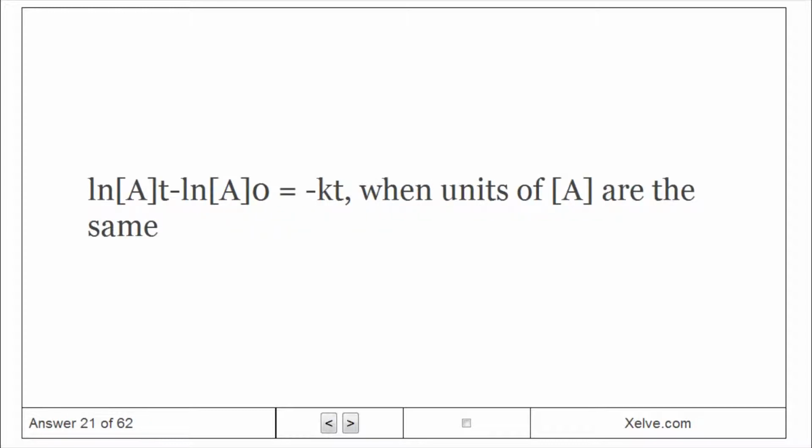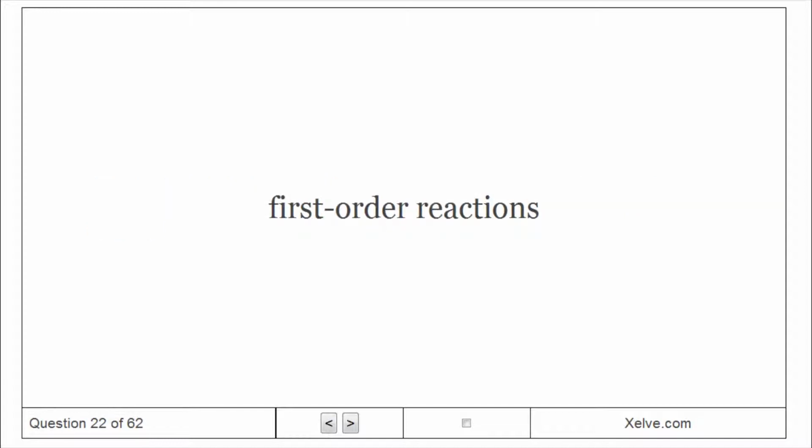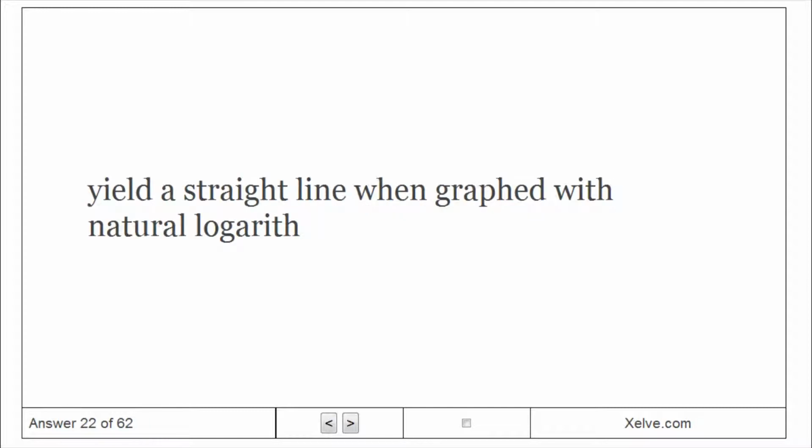First order integrated rate law: ln[A]t minus ln[A]0 equals negative kt, when units of A are the same. First order reactions yield a straight line when graphed with natural logarithm.